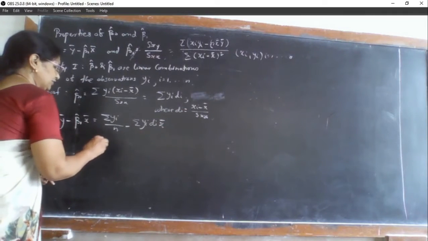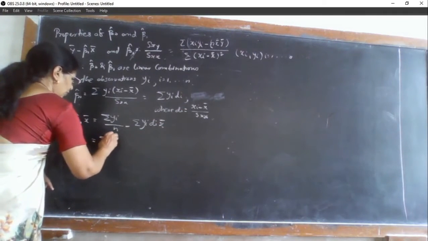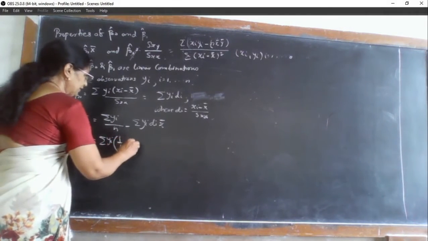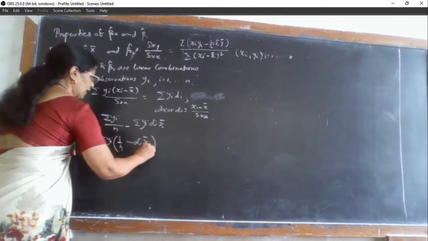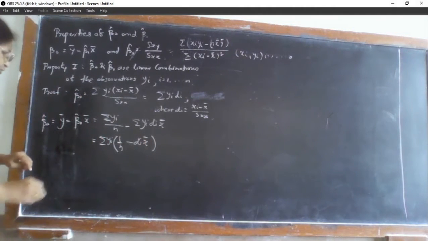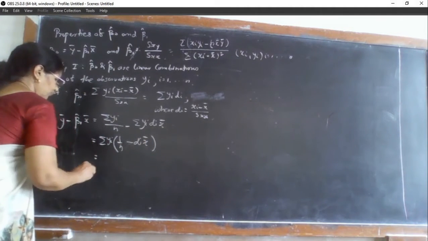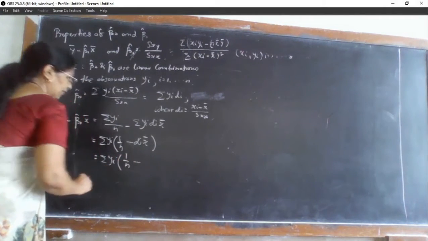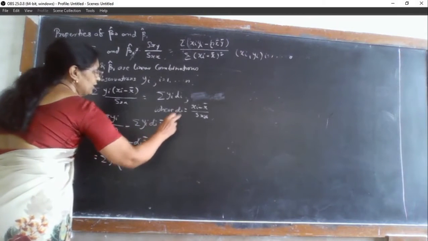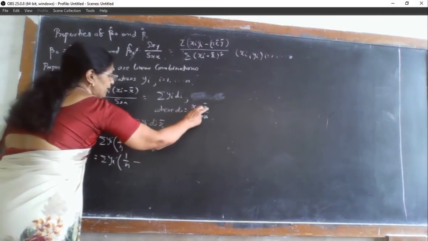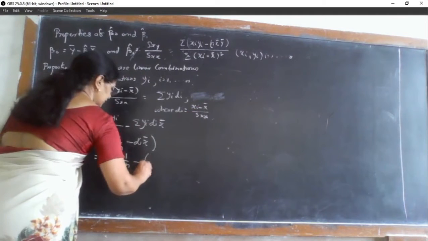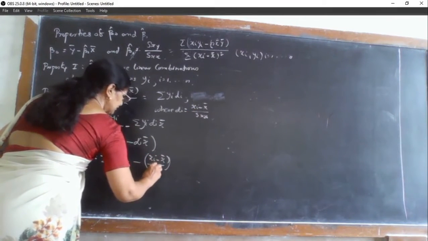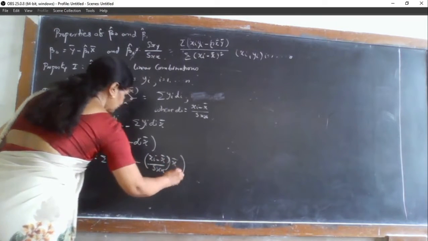So you can take summation of yi common, and inside the bracket I will have 1 upon n minus di into x bar. So this is equal to summation of yi, 1 upon n minus (xi minus x bar) upon Sxx into x bar.